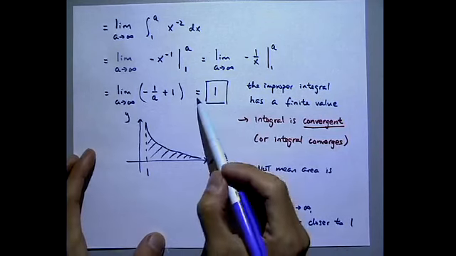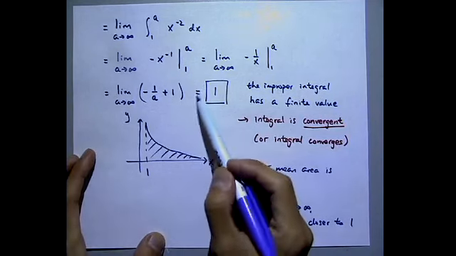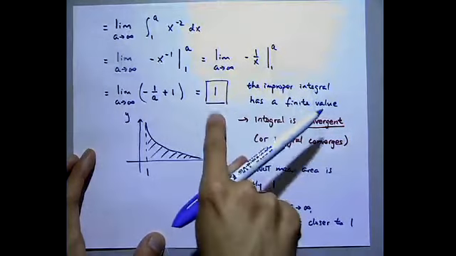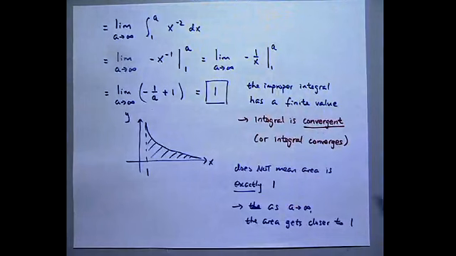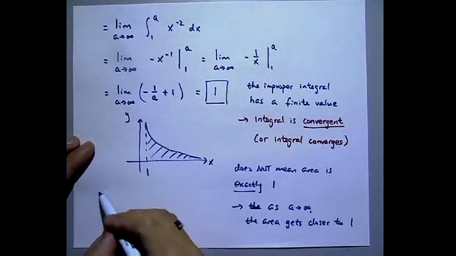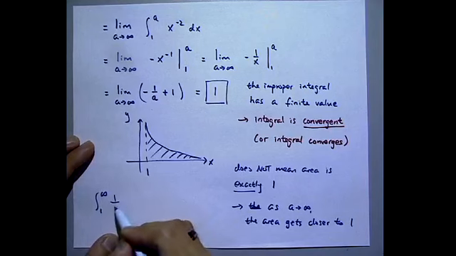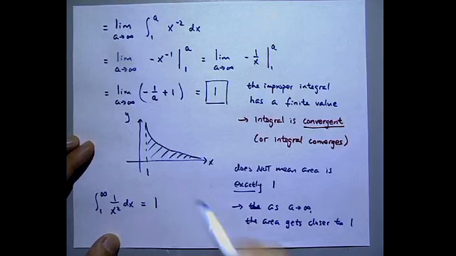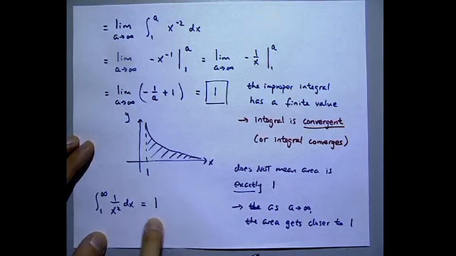Okay, so this equal sign here has a slightly different meaning if you think about it. When we say something is equal to 1, usually we mean that it's exactly equal to 1. But in this case, when you look at this equation here, this equal sign has a slightly different meaning.